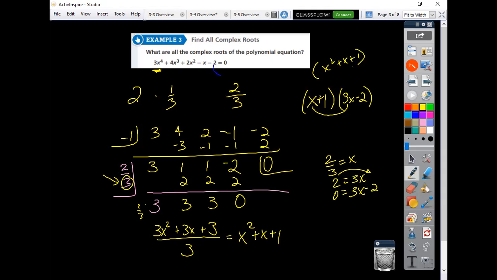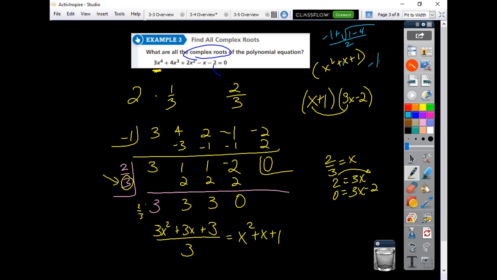And then to find the complex roots, we have to do the quadratic formula on that. So x equals negative b, which is right there 1, plus or minus the square root of b squared minus 4ac, all over 2a.